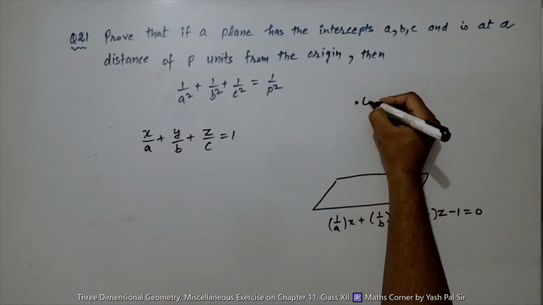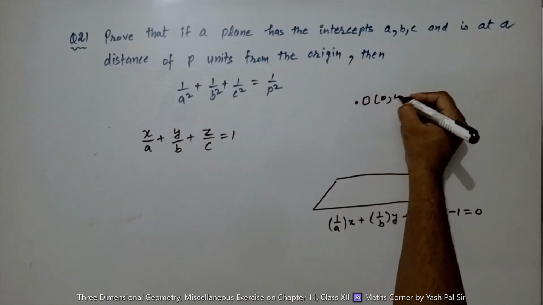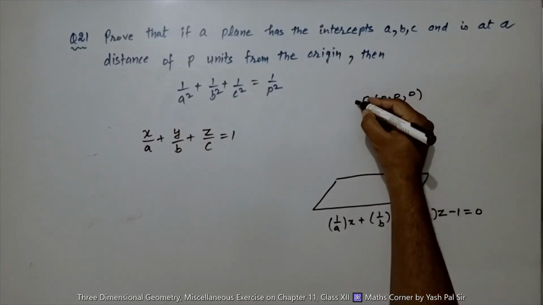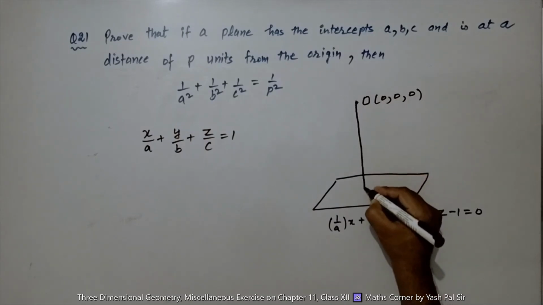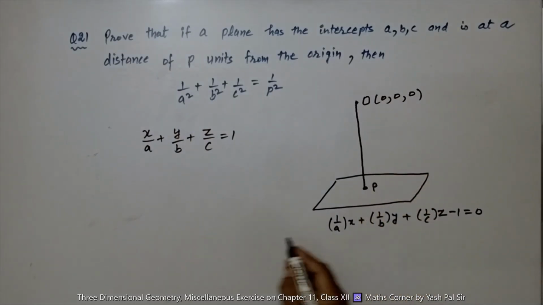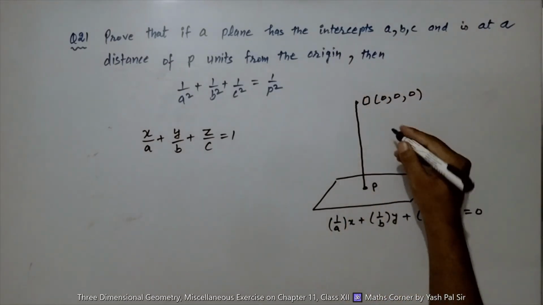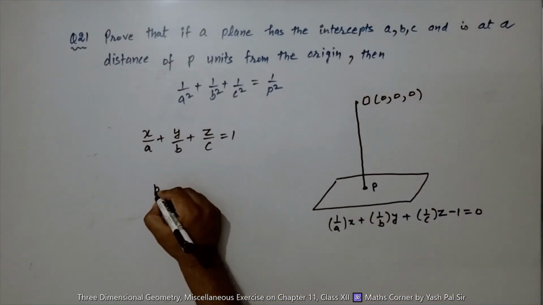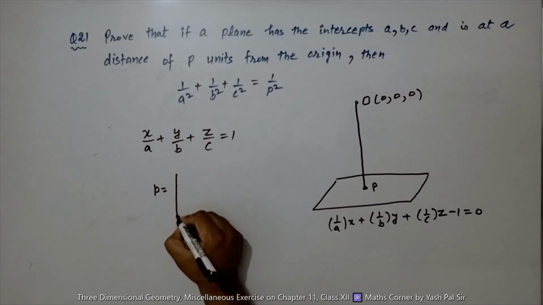Perpendicular distance from the origin, this is O, coordinates are (0, 0, 0). So this is the perpendicular distance p, right? So this OP distance is p.